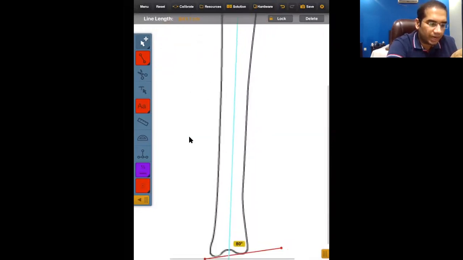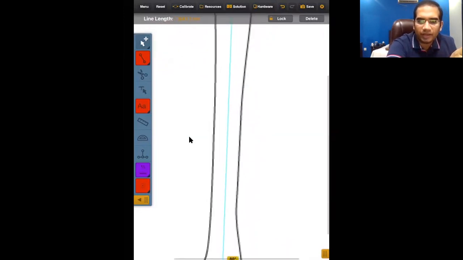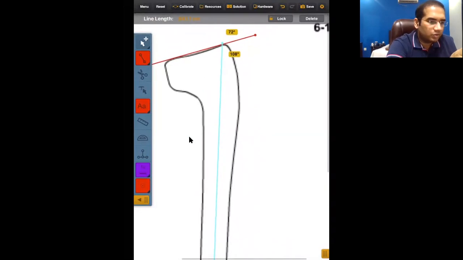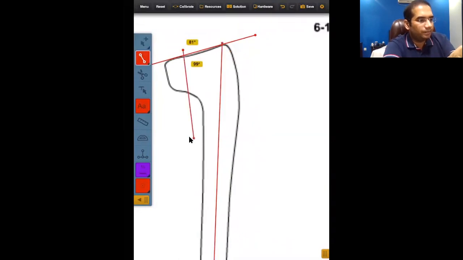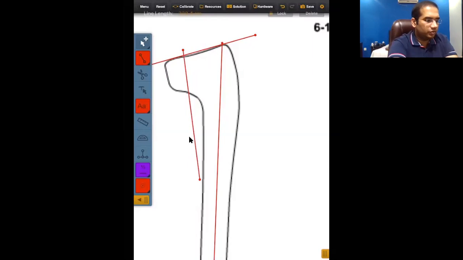So we know that the proximal tibia has got a problem because the lower angle is normal. So how will we calculate the CORA over here? How will we calculate the deformity? We will draw a reference line with the posterior angle of 81 degrees, and we will draw it at a location here.